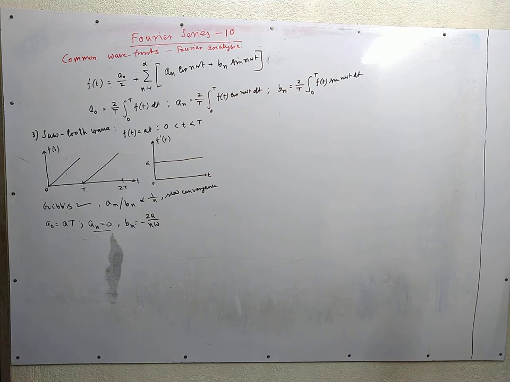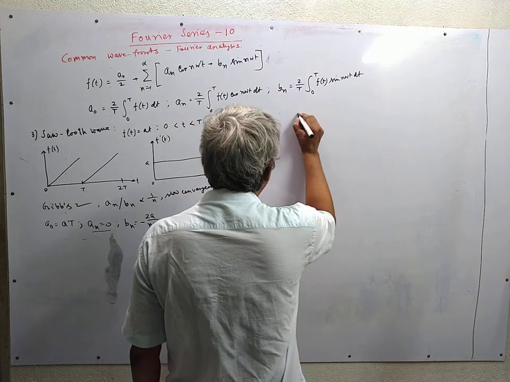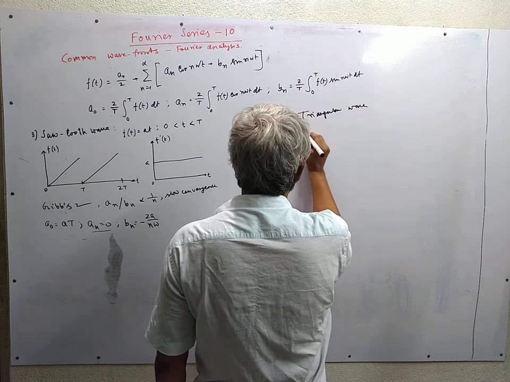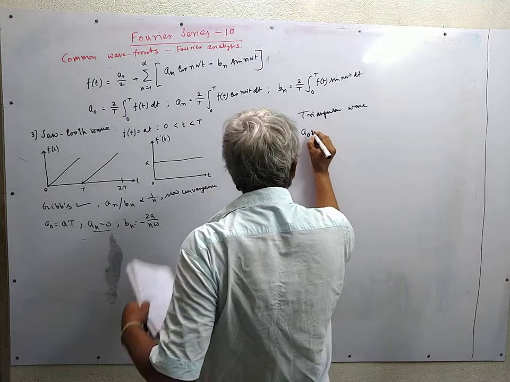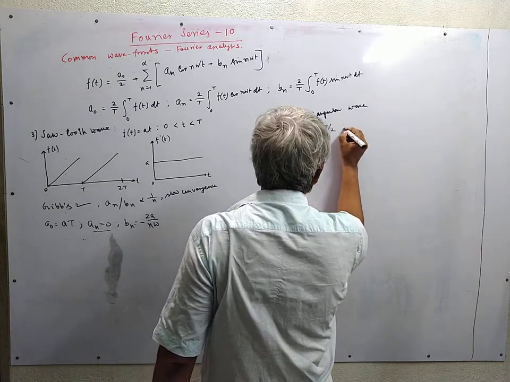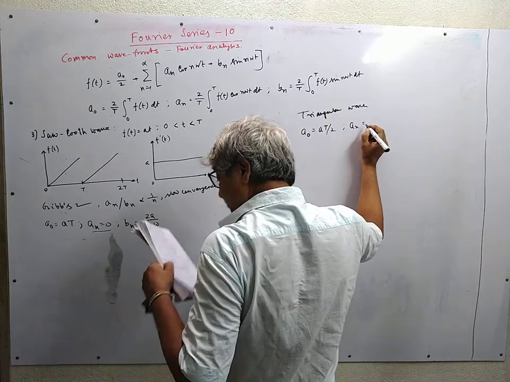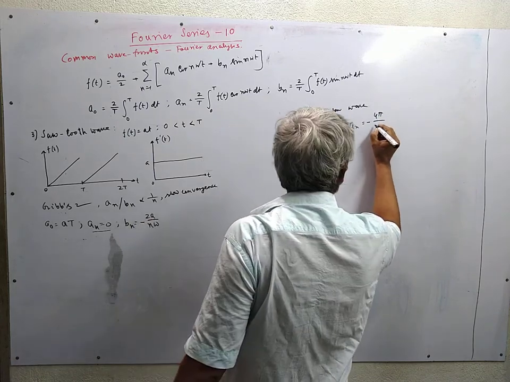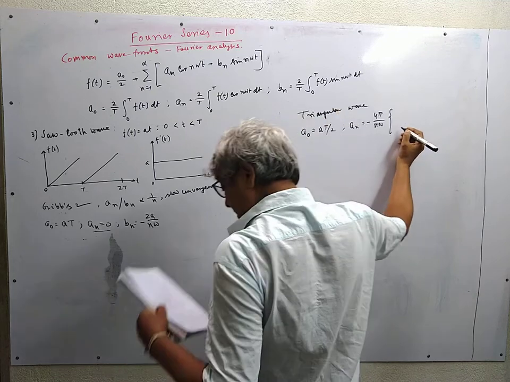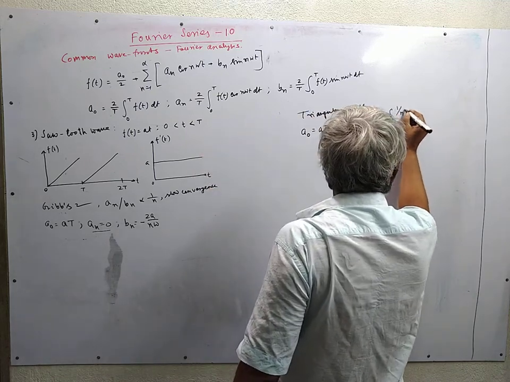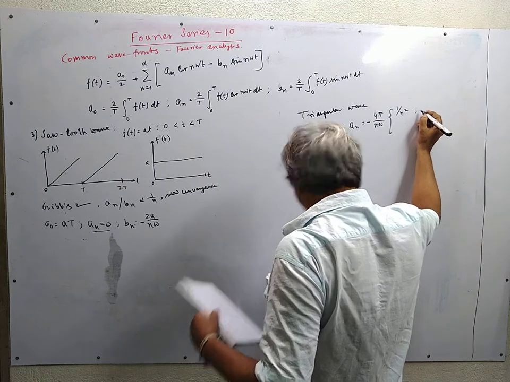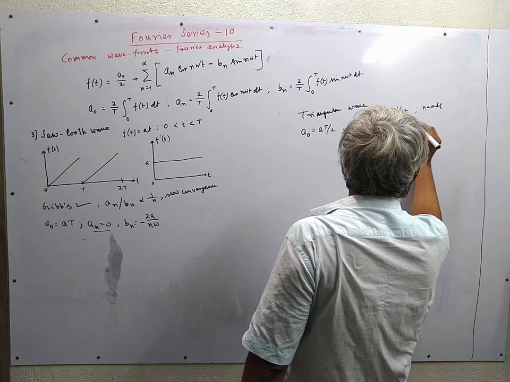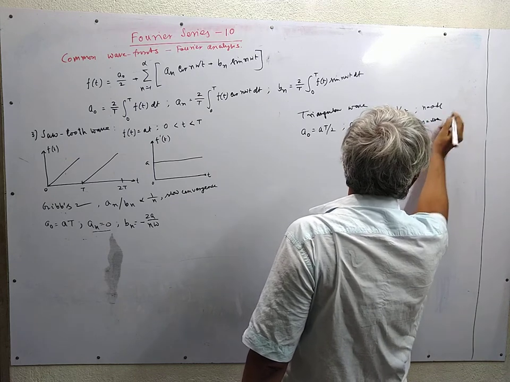And one thing I have forgotten, for the triangular wave: a0 was given as a t by 2, an was written as minus 4a by pi omega, 1 by n square for n odd, and 0 for n even.